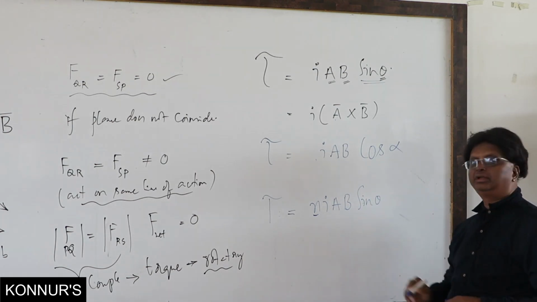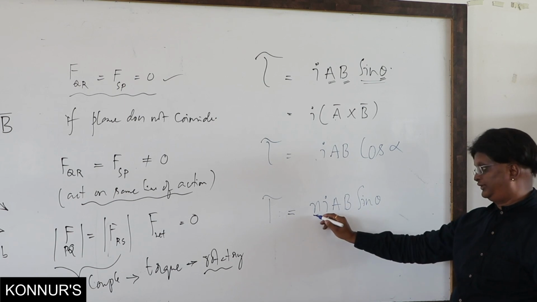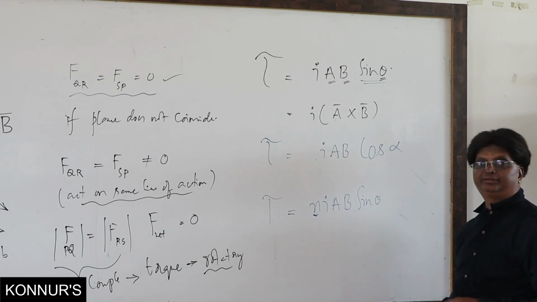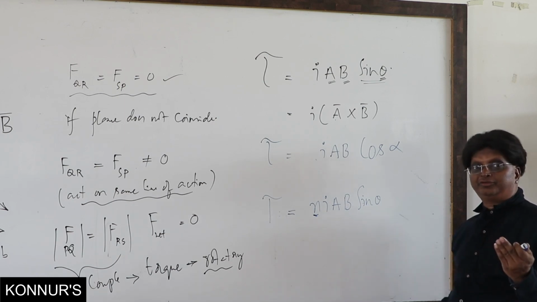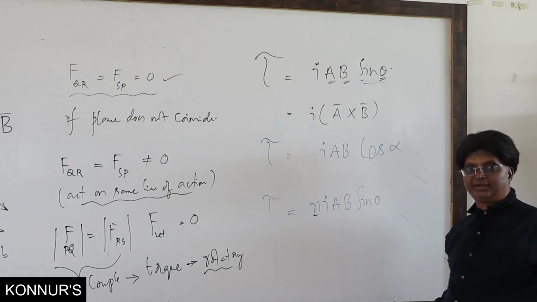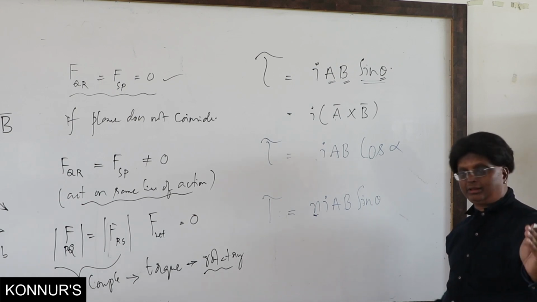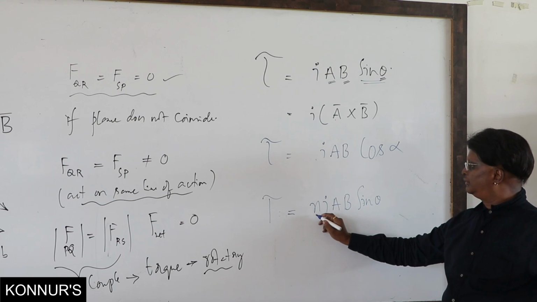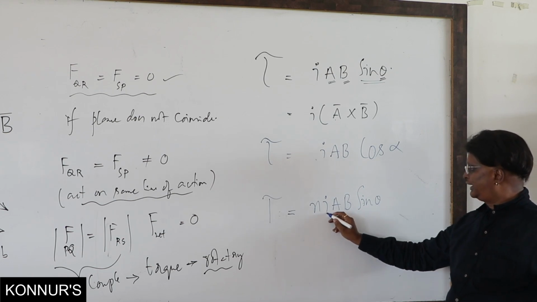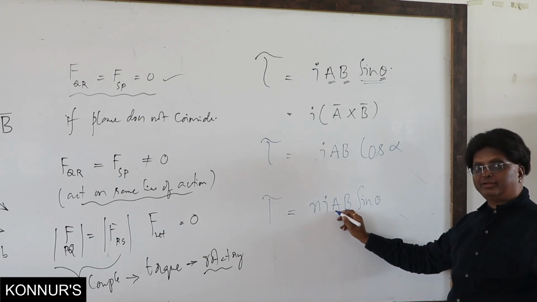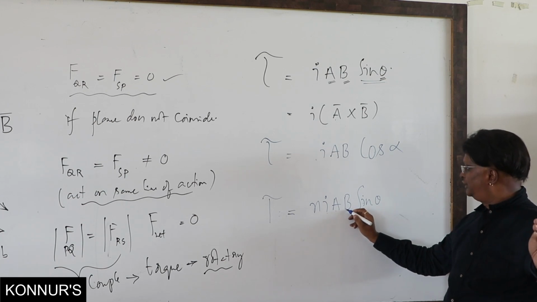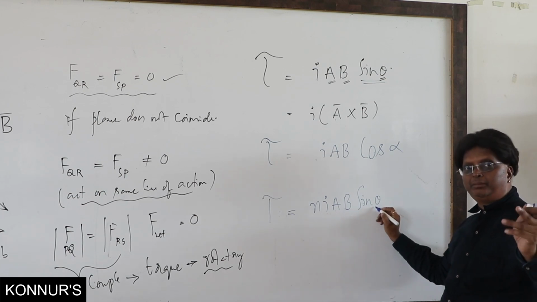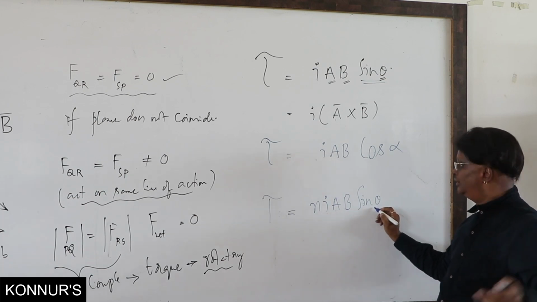Here this N refers to the total number of turns, because earlier small n was used for the number of turns per unit length. Here we are using a coil and N refers to the total number of turns, I the current carried by the coil, A the area of cross section of the coil, B the external induction, theta the angle made by B bar with the normal to the plane.